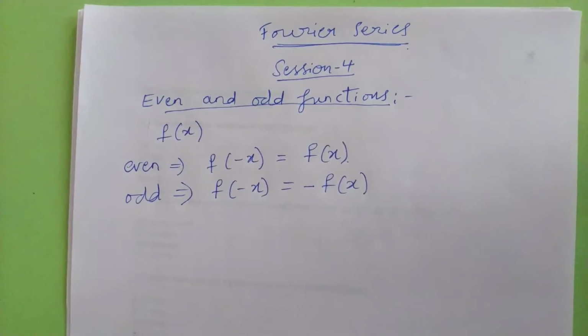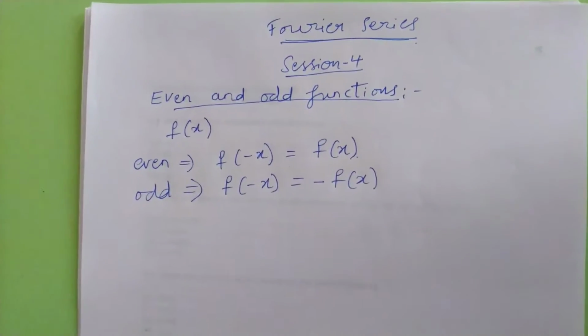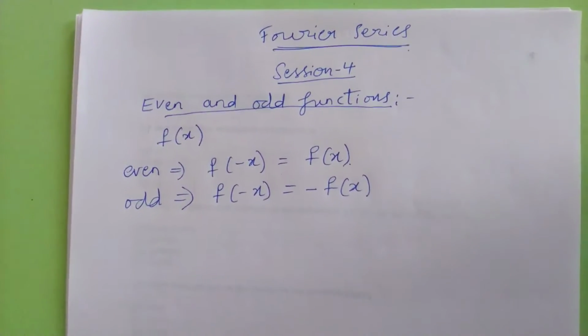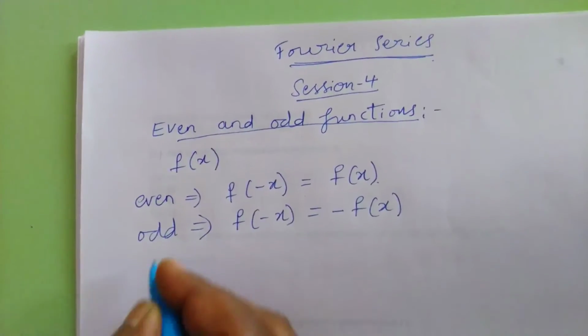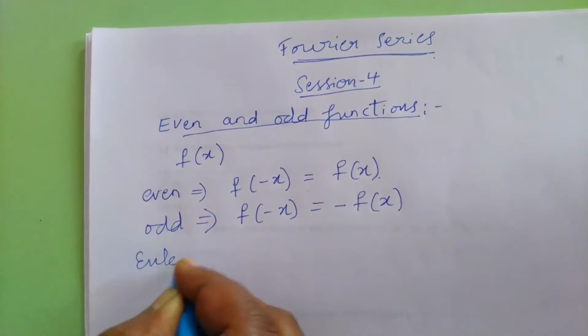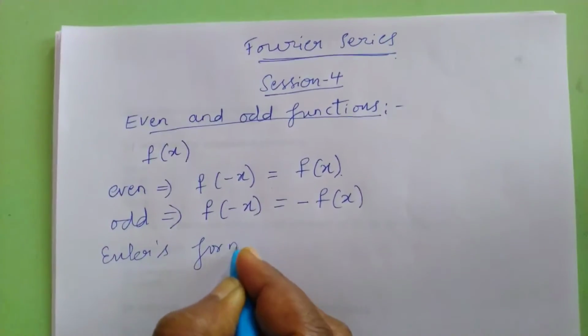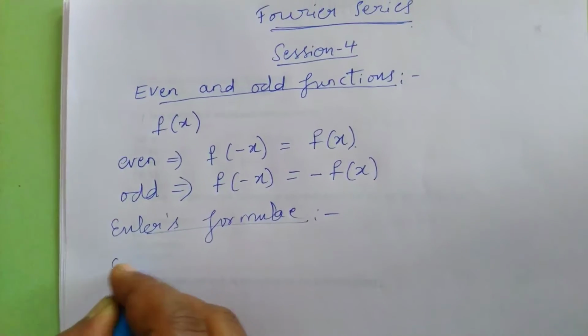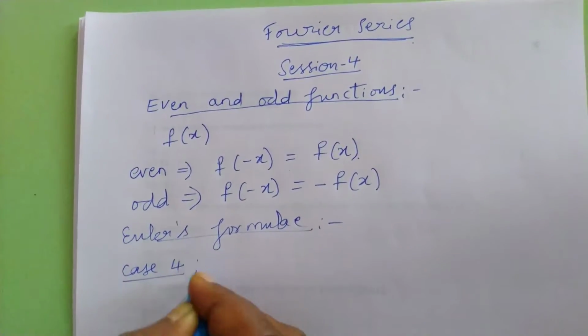function. So now let us know about case 4 and 5 of Euler's formula for even and odd functions. Euler's formula, case 4.